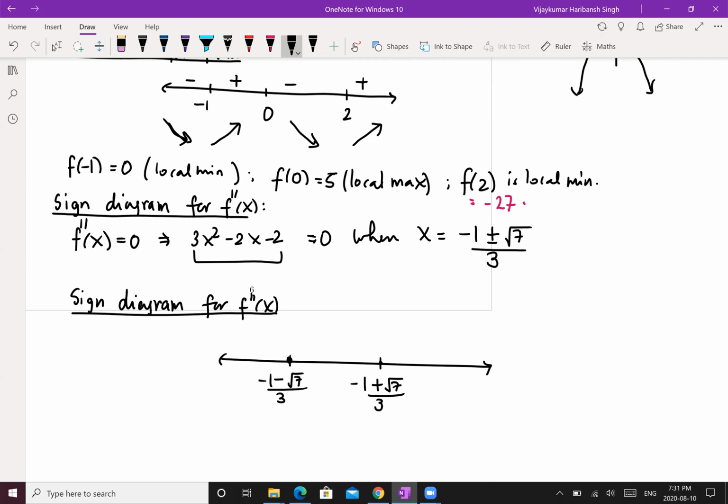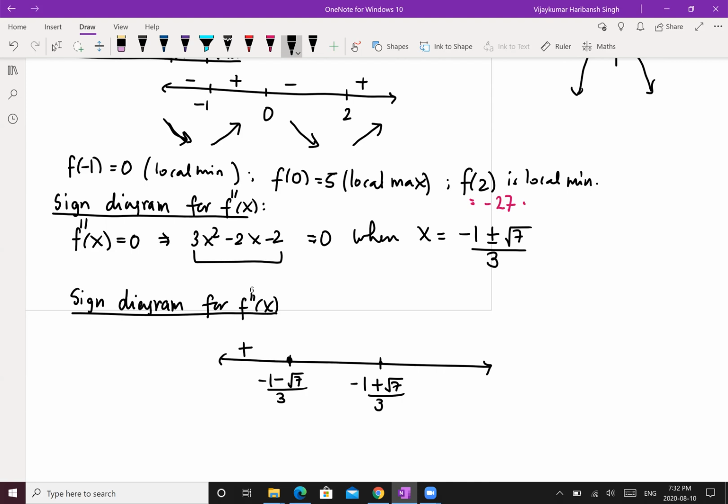Now let's check a point before. Before this point, let's check something sufficiently large negative. Minus 1 minus root 7 is around minus 9, so I can take a minus 4 here to check what is happening. If I substitute it in this equation, here it will have a positive sign.